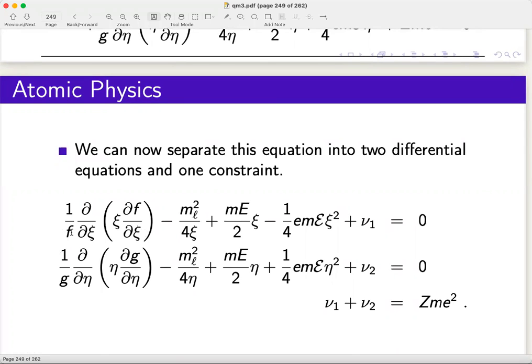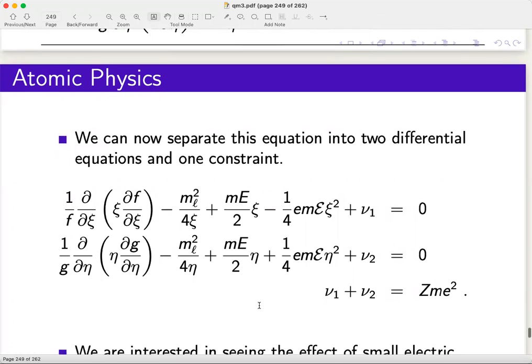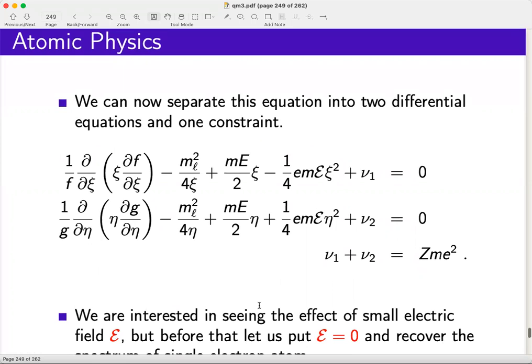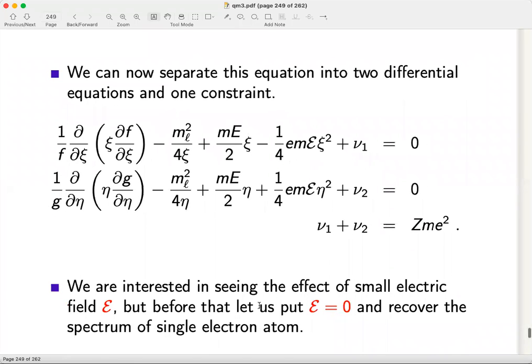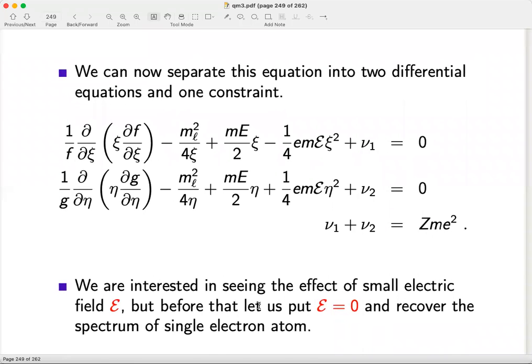In this particular case, what you have is two differential equations and one constant equation. Fine. Now, there is one more thing that you should notice, and we will utilize this today: if the electric field was not on, that means this curly E is set to 0, then these two equations are actually identical.